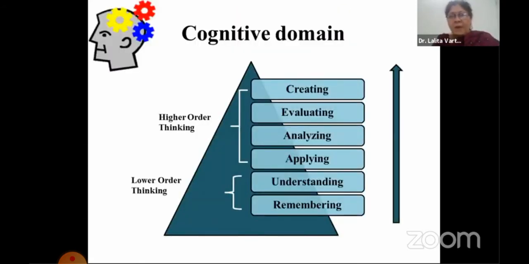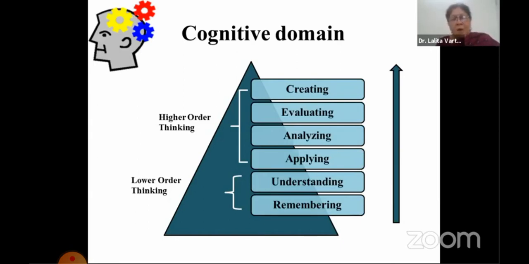So, when we are looking at the cognitive domain, you will realize that remembering and understanding are looked at as lower order thinking skills, and applying, analyzing, evaluating, and creating are looked at as higher order thinking skills.